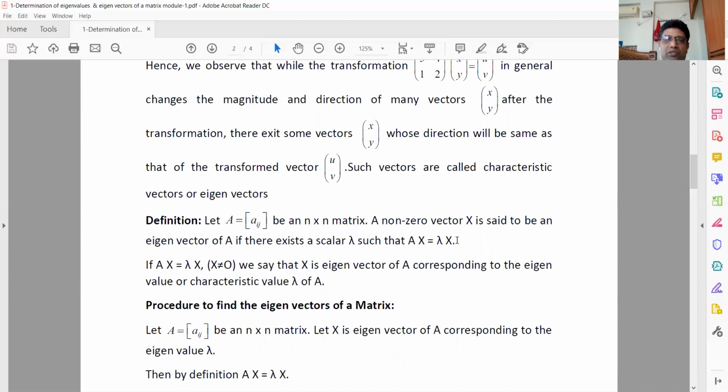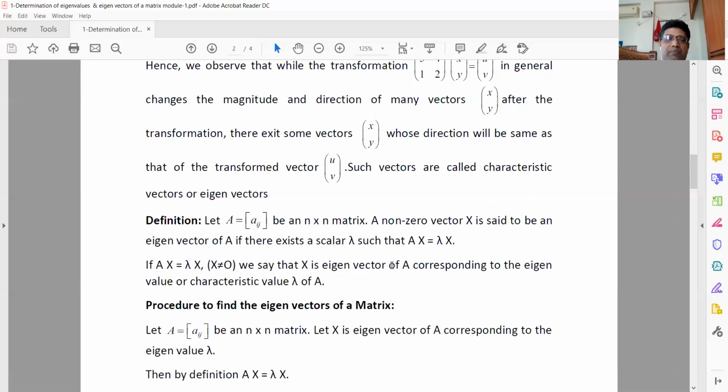Remember, the eigenvector is always a non-zero vector. Then x is an eigenvector of A corresponding to the eigenvalue, or characteristic value, lambda of A. This is the fundamental definition of an eigenvector.